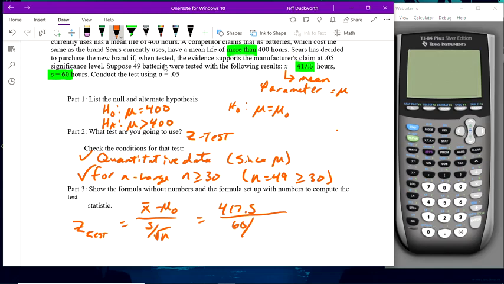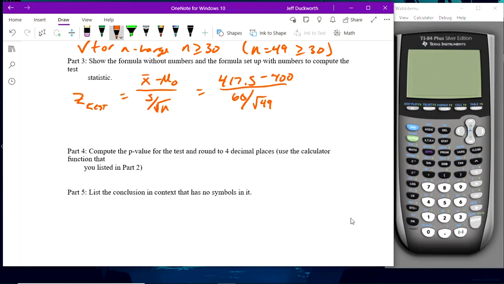N is 49, excuse me. That's n. So root 49. And then our mu sub naught, as I mentioned earlier, was 400. So that's what it is going to be. When we run the test, we'll come up with a number and we'll put it over there. We don't need the number to answer this question, though.